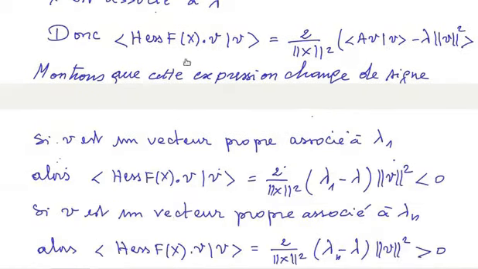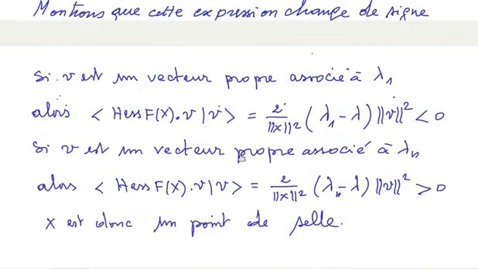If we take for v an eigenvector associated with lambda 1, the smallest of the eigenvalues, then Av is lambda 1 v. This quantity becomes lambda 1 norm of v squared. So here it is written as lambda 1 minus lambda, norm of v squared, with a coefficient 2 over norm of x squared. Since lambda 1 is strictly less than lambda, this quantity is negative.